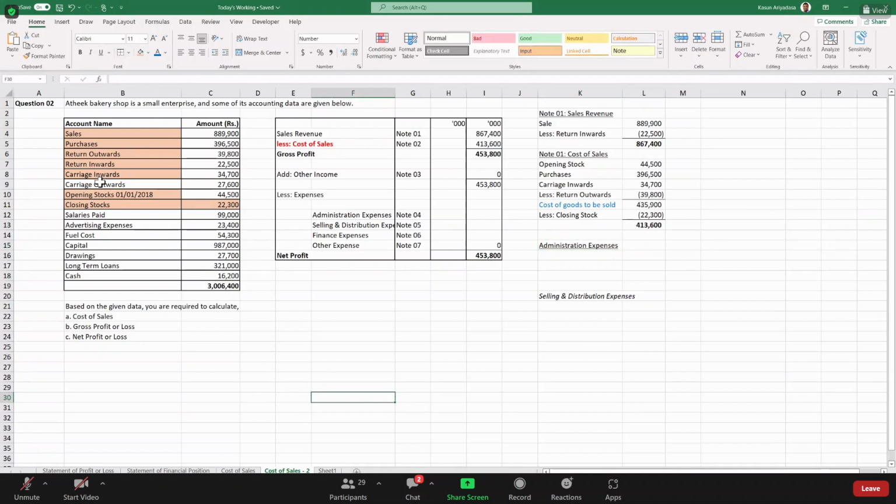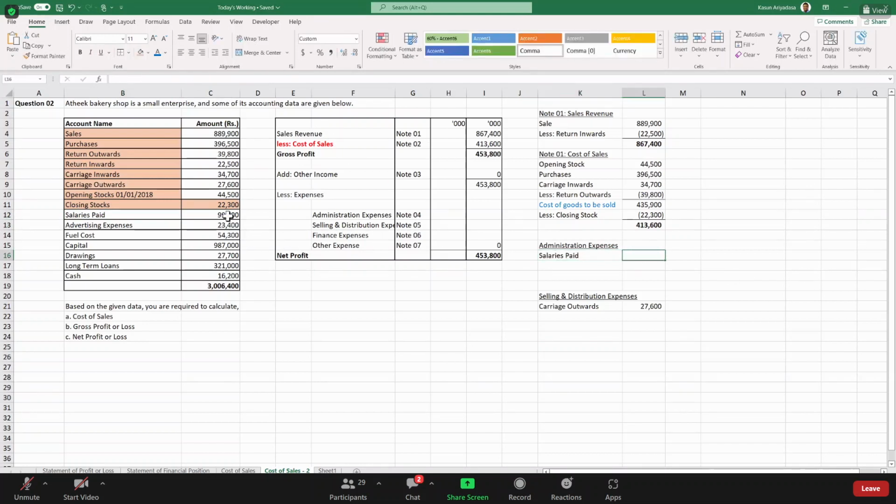Now carriage outwards is a transportation expense, selling and distribution expense. Carriage outwards, selling and distribution expense, 27,600. We are done with that. Then salaries paid, that is administration expenses.